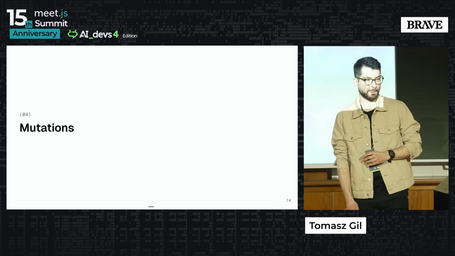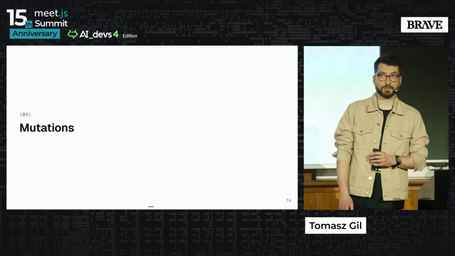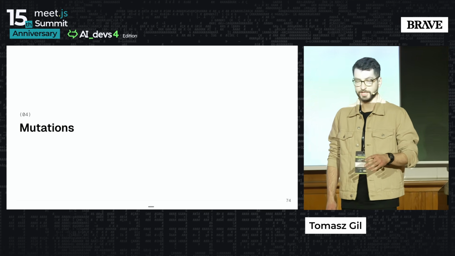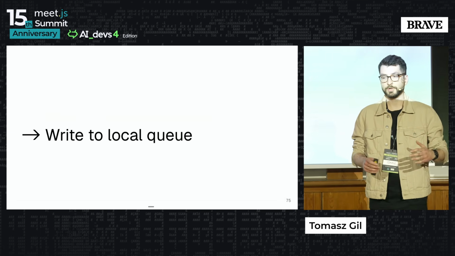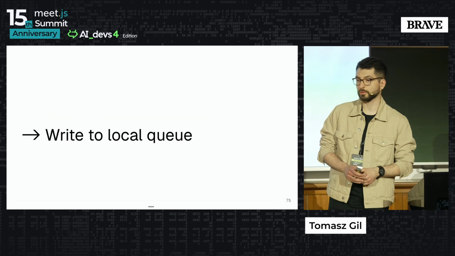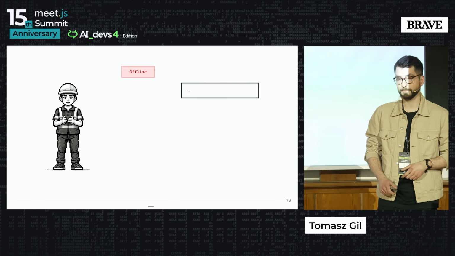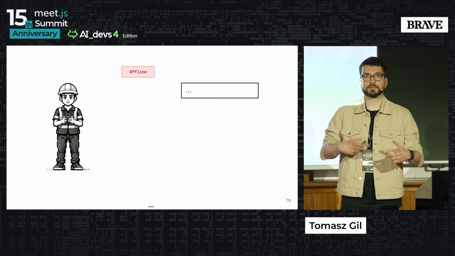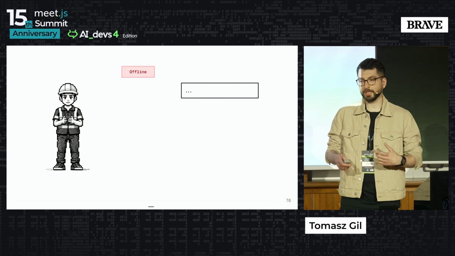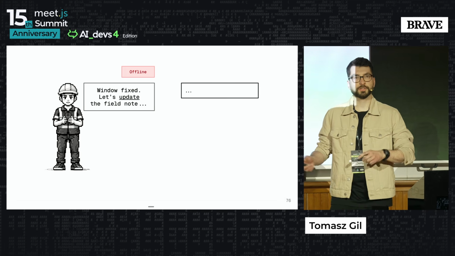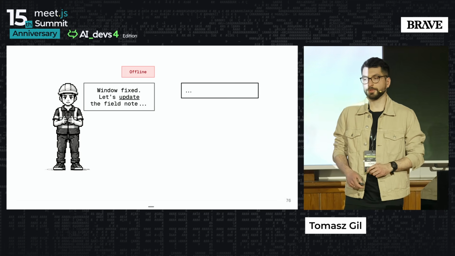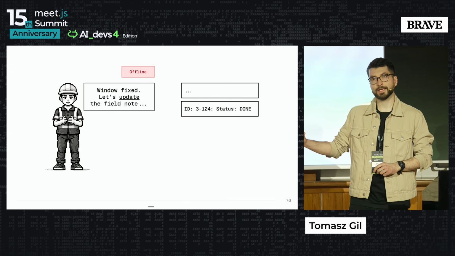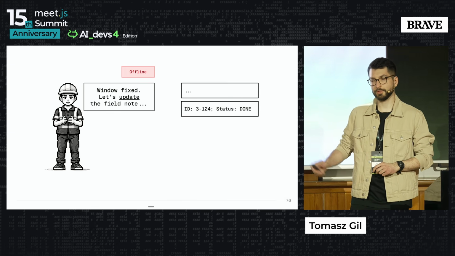Happy days. And the final thing, the final boss, mutations. And that's the second technical requirement. Our app has to be able to write to a local queue. And here's the idea behind the queue. As our builders are working in a field and making a bunch of updates, they want to update the field node status. Maybe they fixed the window, they want to update the field node, and we will store that intent as an item in the queue.